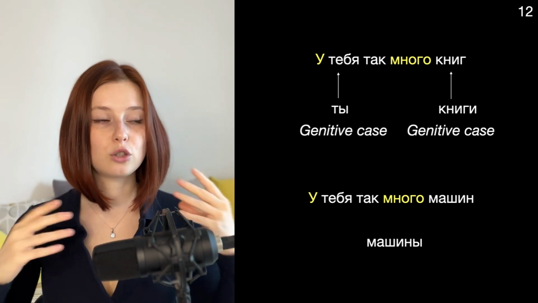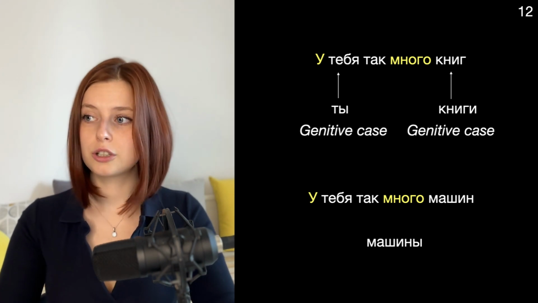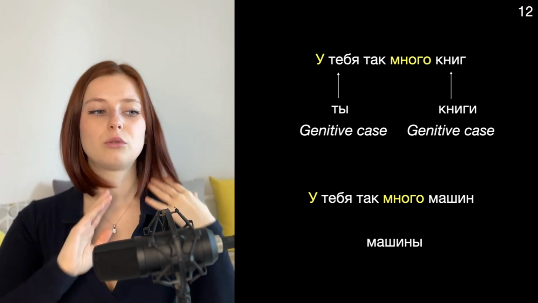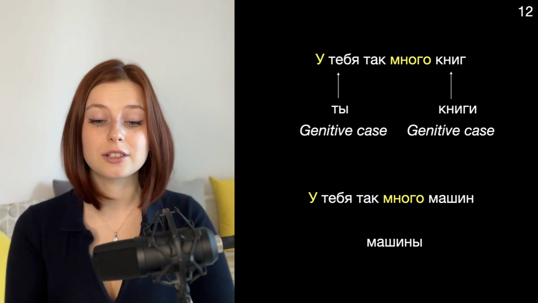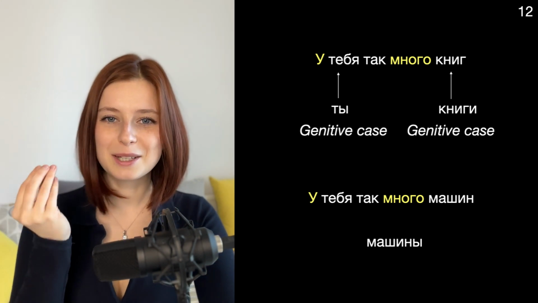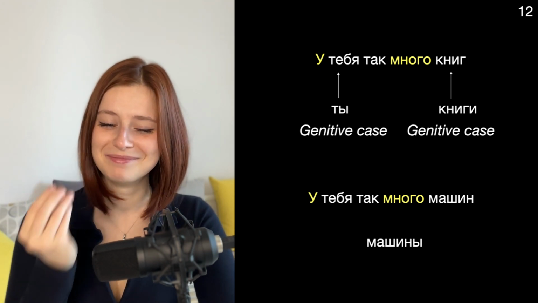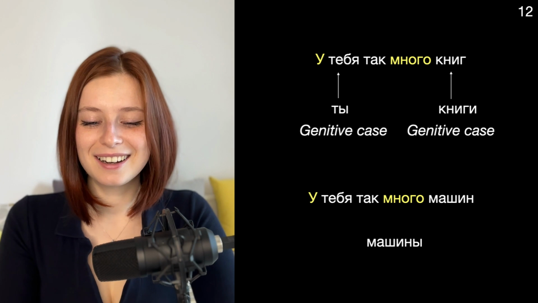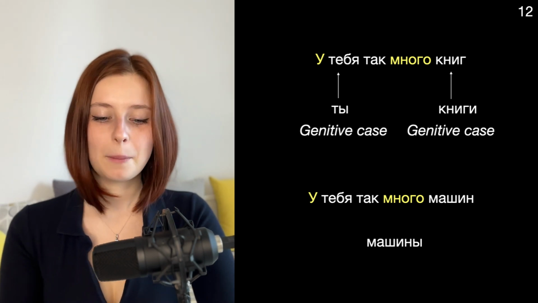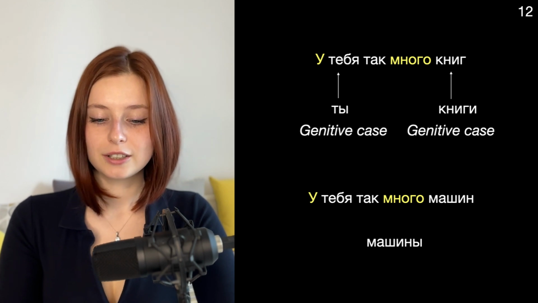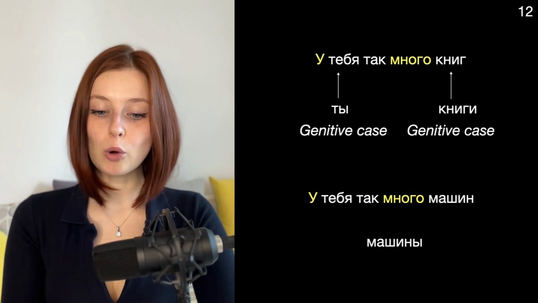Так красиво, so beautiful, так много, so much, да? Or even about food, так вкусно, it's so delicious. I'm doing this because I'm already Turkish after 3 years in Turkey. So у тебя, you already know, it's genitive. You have. Так много книг.